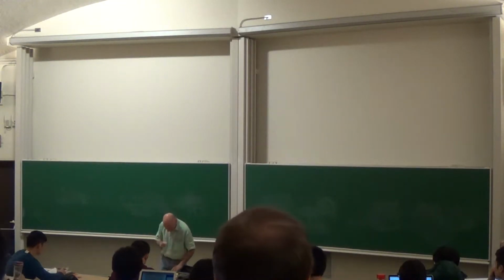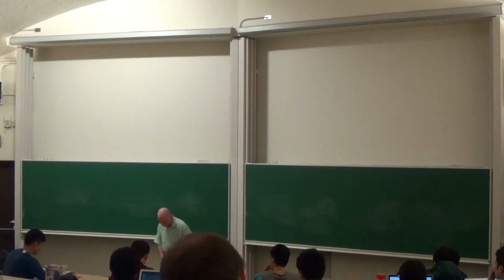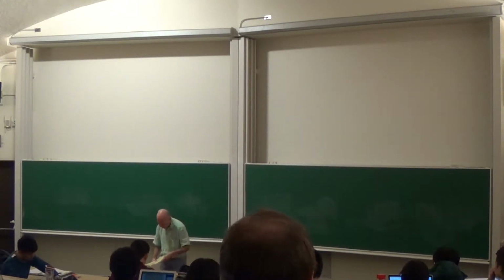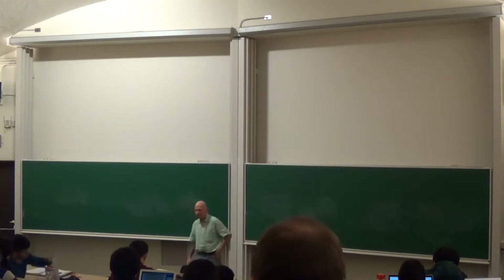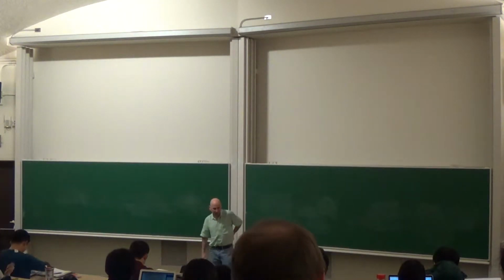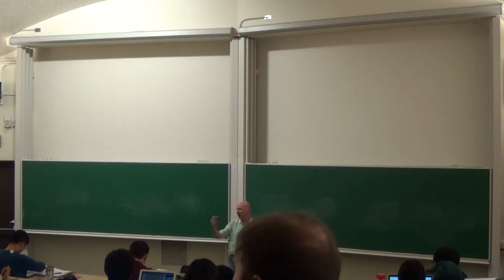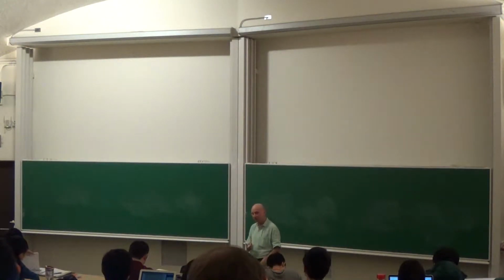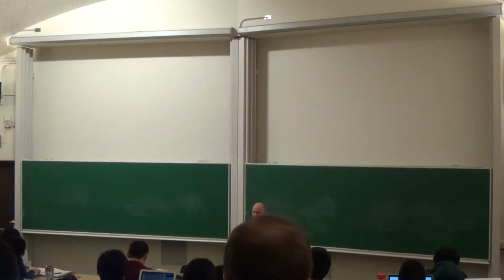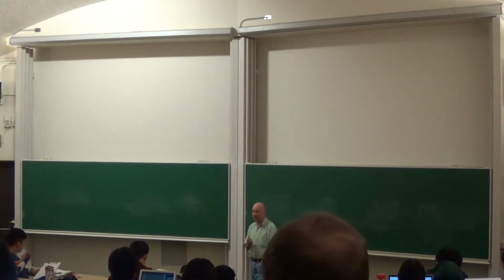Homework's due Friday, and today we are doing undirected graphical models. There are many different types of graphical models. The two most common ones are directed and undirected. You did directed graphical models in 701.